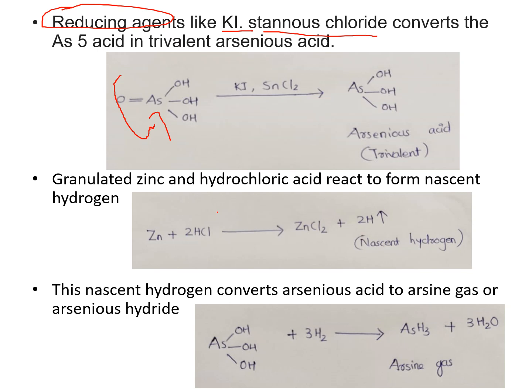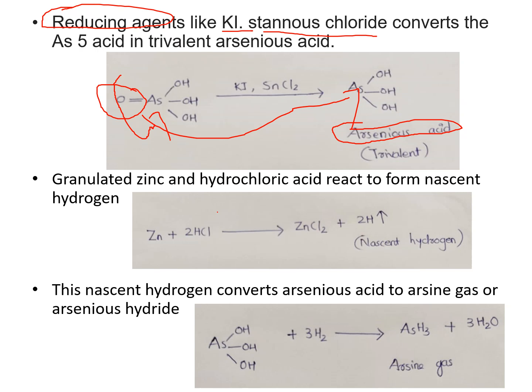What is reduction? Reduction is removal of oxygen. The oxygen is removed and it is converted into trivalent arsenic acid. This was the main step that takes place. So the pentavalent arsenic acid is converted into trivalent arsenic acid, known as arsenious acid.